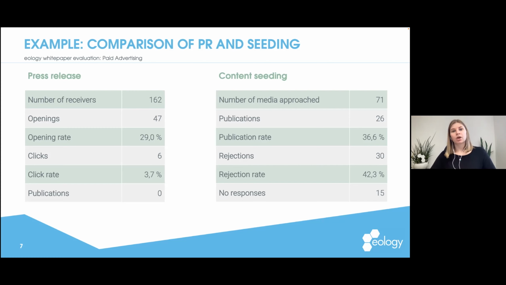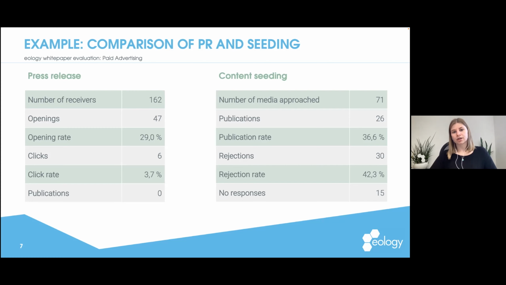But on the other hand, we also did content seeding, where we contacted 71 media, and it resulted in 26 publications, which is a big increase compared to the 0 publications of the press release. That results in a publication rate of 36.6%.